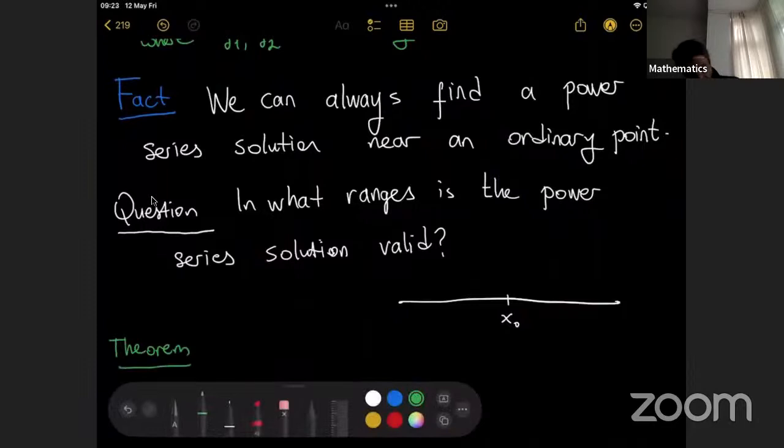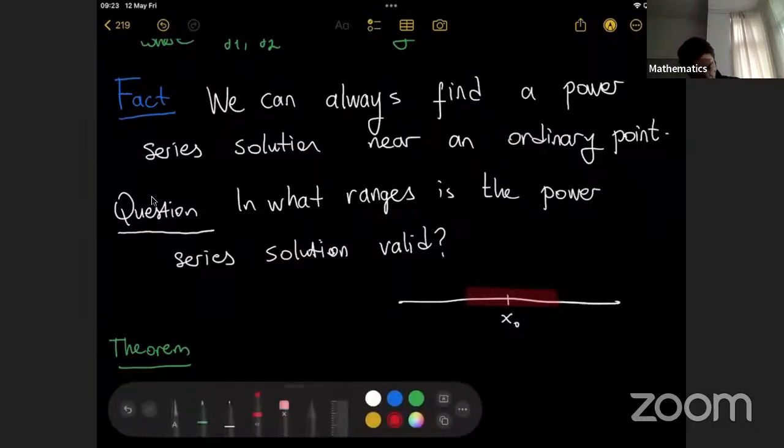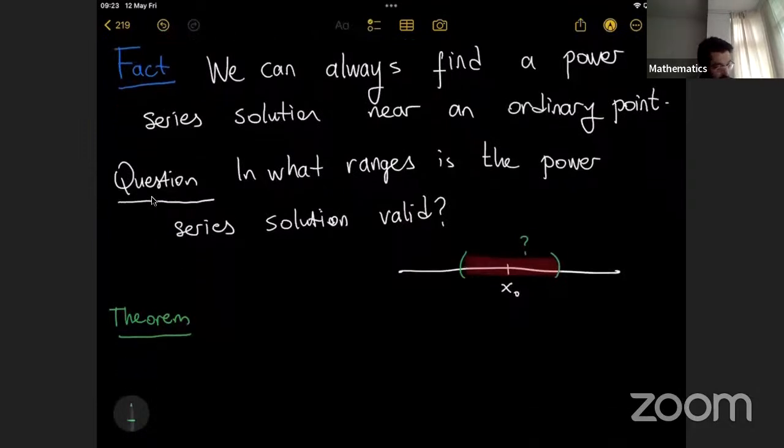The question is, how big is the interval of convergence for the power series solution? The theorem says the following.